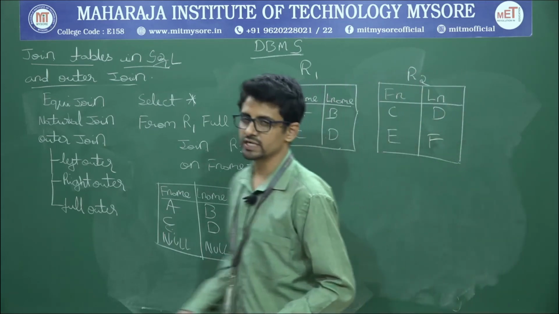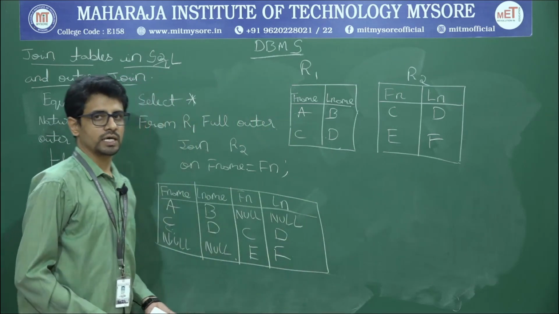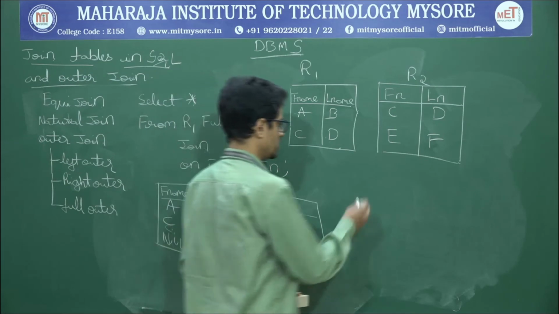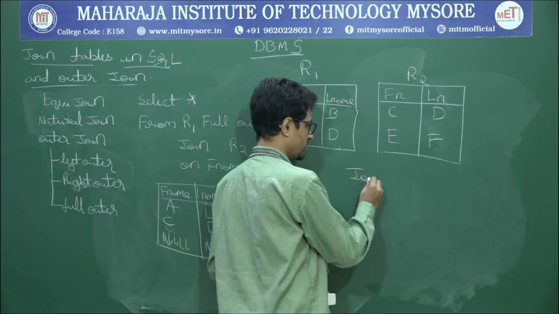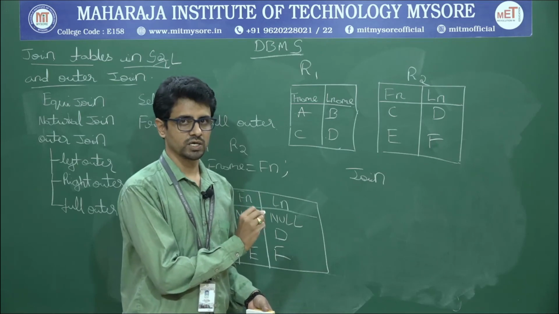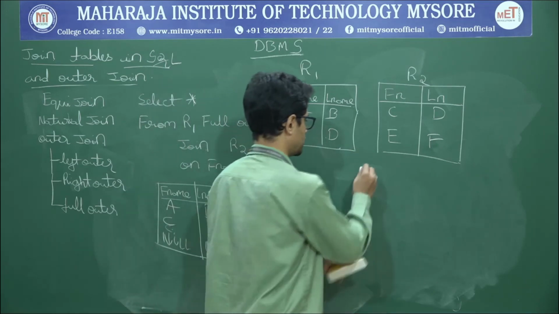So we have learnt with respect to the natural join, and in case of join we use this join keyword in the from clause. Whatever we have learnt with respect to the from clause itself, if you want, you can have a proper representation of it.